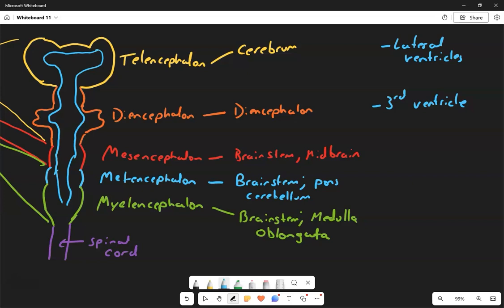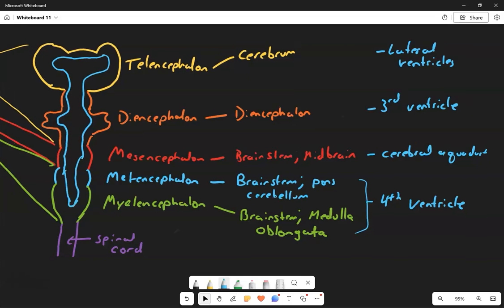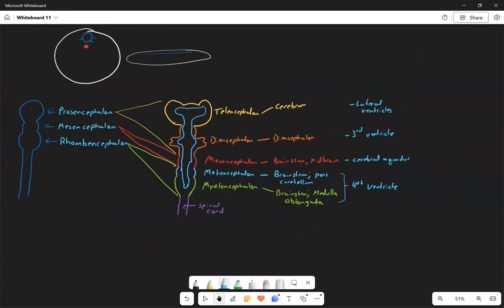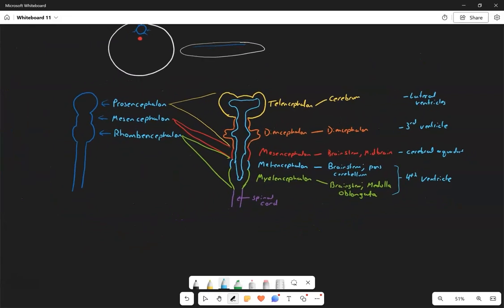Okay, and then the mesencephalon here is going to become a structure known as the cerebral aqueduct, and we'll look at this a little bit later on. Okay, and then your metencephalon, myelencephalon, that is going to be your fourth ventricle. Fourth ventricle. Okay, and so we'll look at those in a little bit more detail later on. But this is sort of the layout of the overall development and differentiation of the central nervous system.